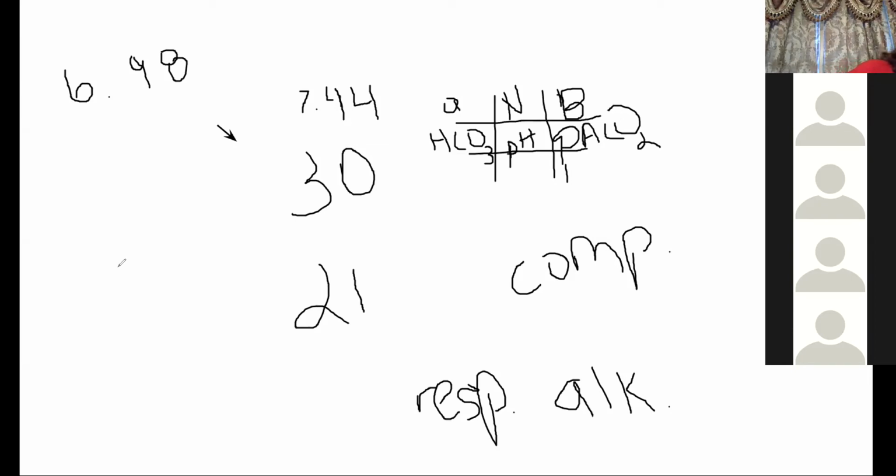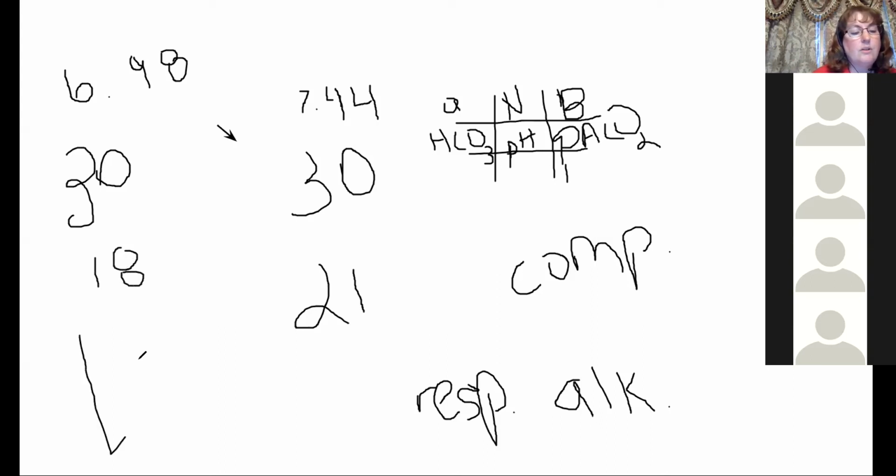And we have a PaCO2 of 30. And we have an HCO3 of 18. Okay, so we do our tic-tac-toe. So acid, normal, base.